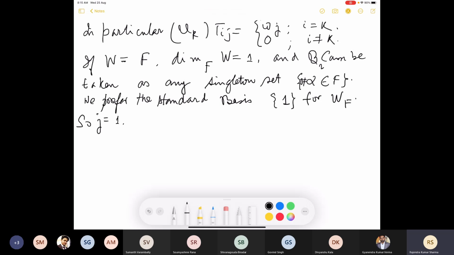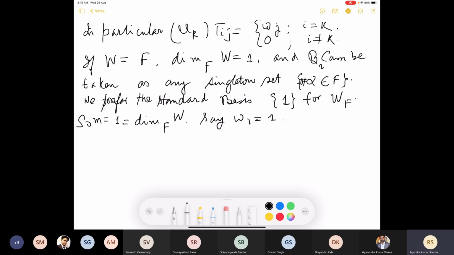So this means that the dimension of W over F is 1. So the basis has just one element. Call it W1. Say W1 is 1, and there is no other element.